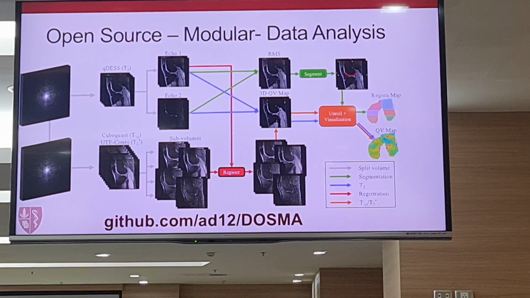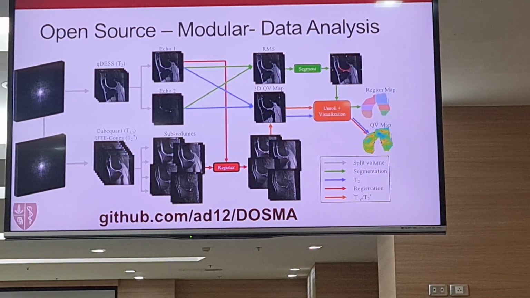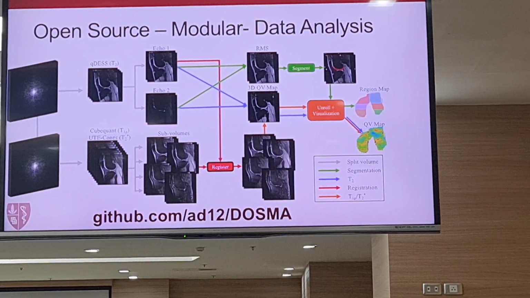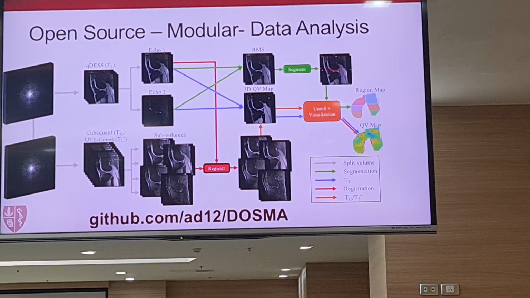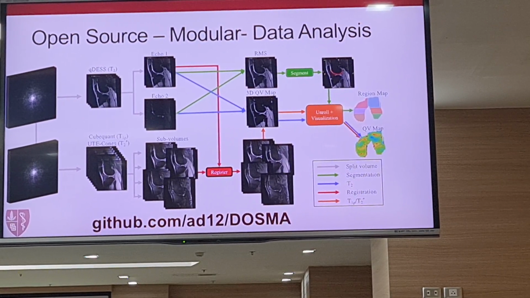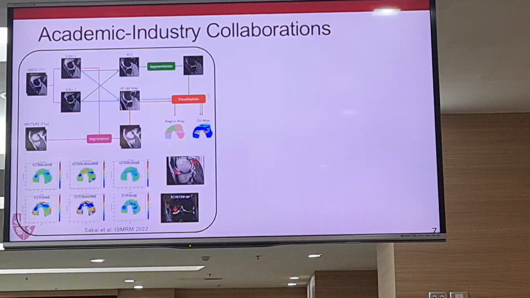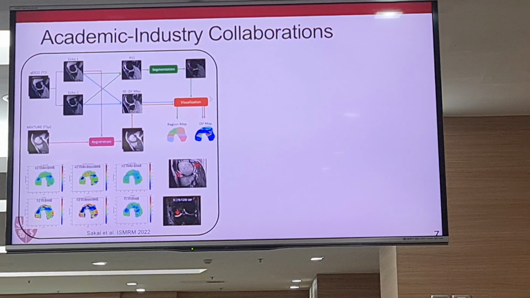And so there are now open source tools. I'm going to plug ours. It's called DOSMA. That allow us to go from k-space to implementing whatever reconstruction method you want to create the images that include registrations of different methods, and then creating automated segmentation and then visualization maps. And I'm really excited in particular that these are modular.